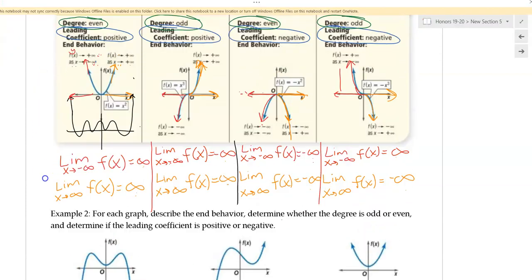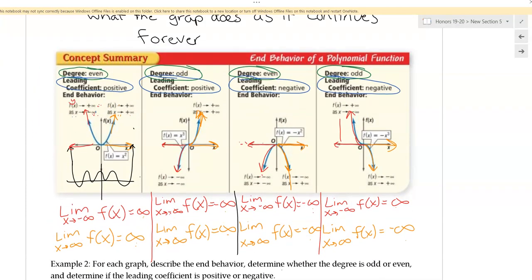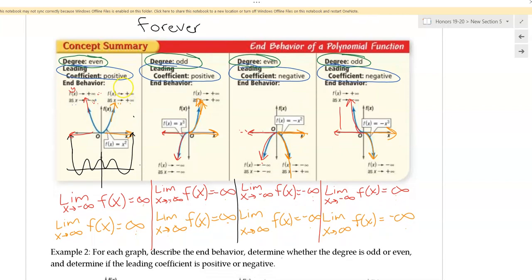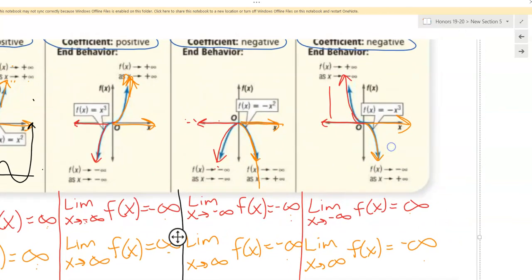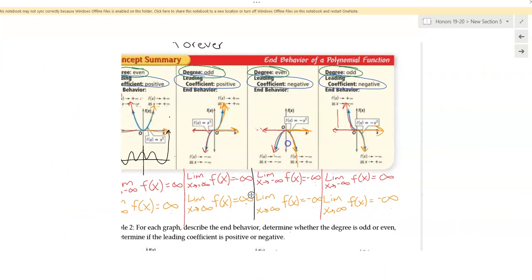Then, I want to know what my leading coefficient is. The easiest way for me is I look at this side. If the positive side is going up, it's positive, right? On the positive side, if they're positive, this right side is going up no matter what. When it's negative, the right side is going down no matter what.